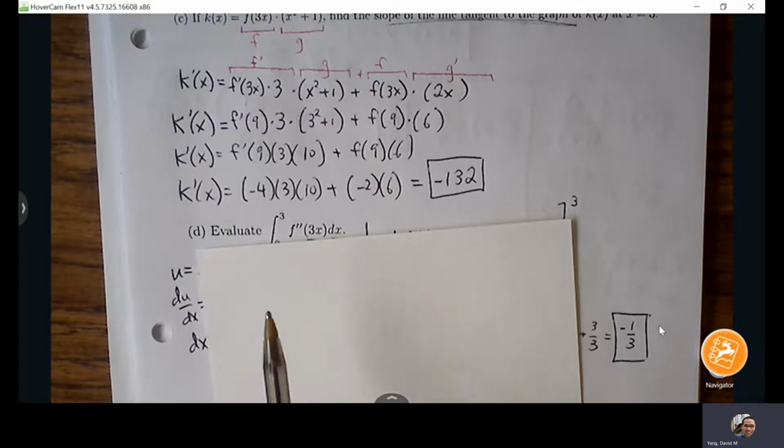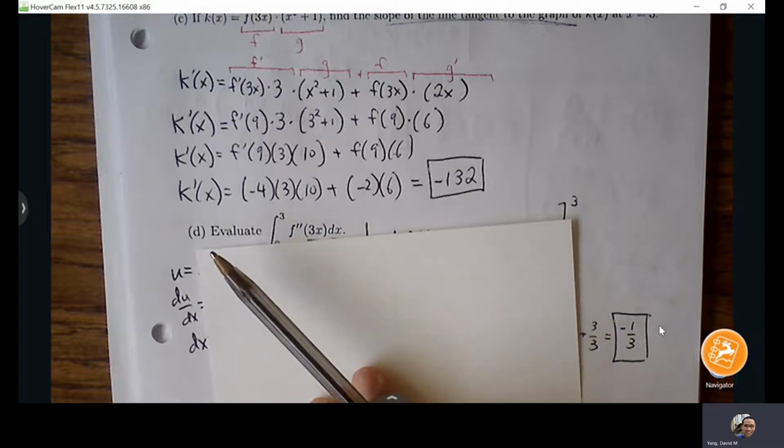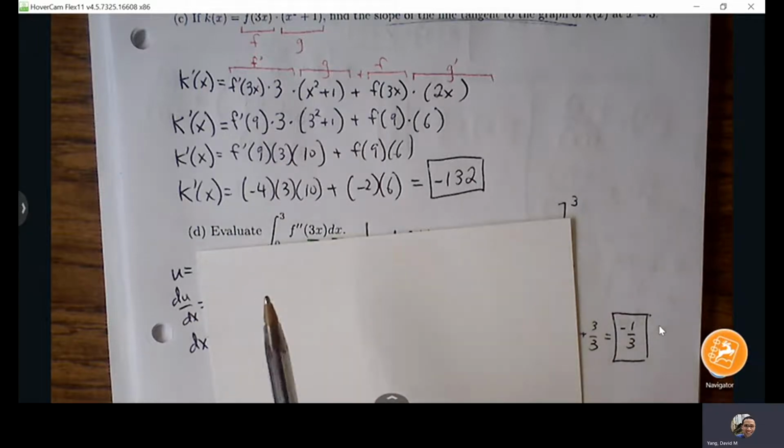Okay, look at part D here. Find the definite integral from 0 to 3 of f double prime of 3x. We know that we've got to take the antiderivative. We know f double prime is going to go up to f prime, but there's something that we need to take care of. We've got to go through a little bit of what? Yeah, use substitution, right? Got to take care of that 3x. We know that there's going to be a coefficient left over out of that.